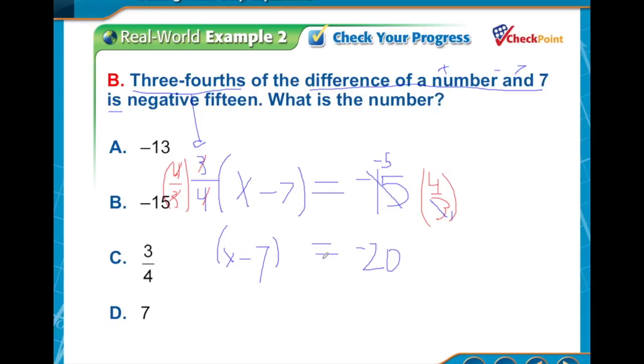So some number minus 7 equals a -20. If we add 7 to both sides, x will equal, what is -20 plus 7? If I write in my step here, plus 7, this will go away, plus 7 here. -20 plus 7 is not -27, but a -13. So there we have it. That's our final answer for 2b.